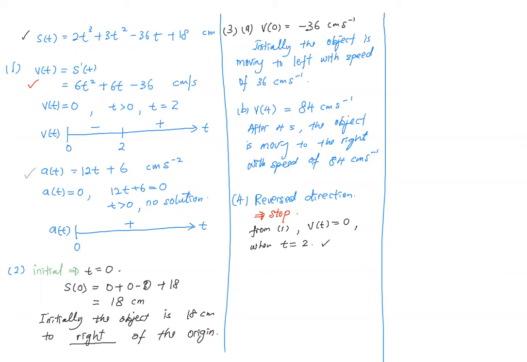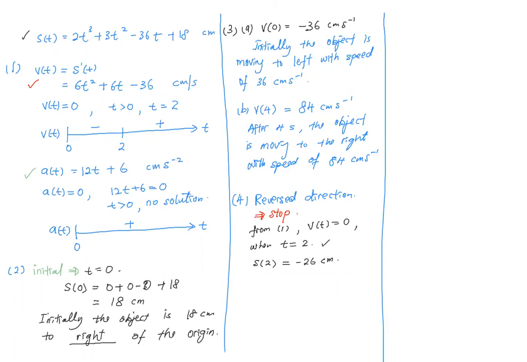Position means what? S, displacement. S2, this is called position. So what is S2? Negative 26 cm. So that means the object reverses its direction of motion when it is 26 cm to the left of the origin. So that is how you interpret. Okay, so done with that.